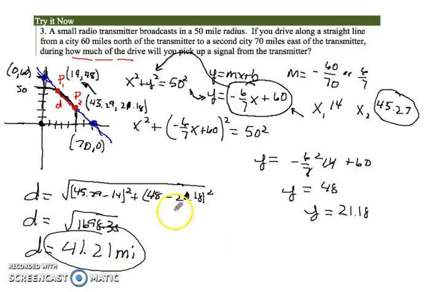So what is it? This red part of my traveling was 41.21 miles. Okay, that is how to do that question. I know it was a little bit involved, but an application problem is supposed to be that way. Try not to get bogged down in the details.